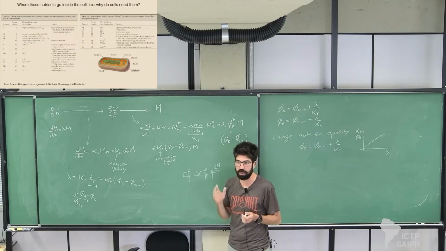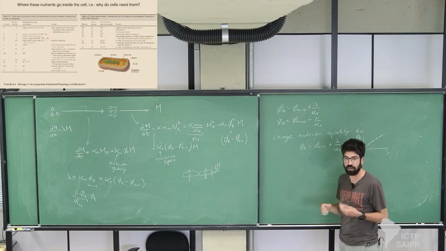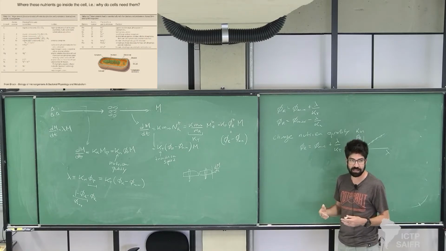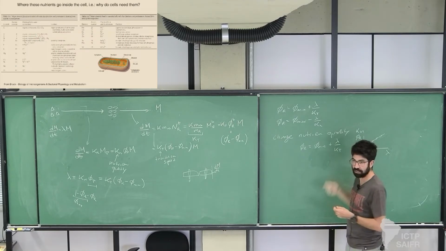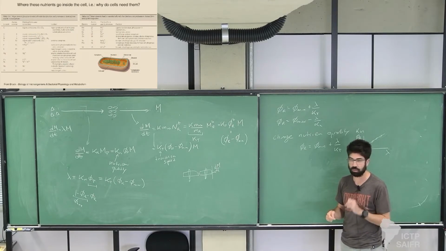So you measure growth rate, and then you want to measure phi r, the fraction of ribosomes. The trick you use is that most of the RNA in cells is within ribosomes, 85%. So you measure how much RNA you have, you divide it by the proteins you have, and this gives you an estimate of the ribosome fraction. So you can have access to that quantity.